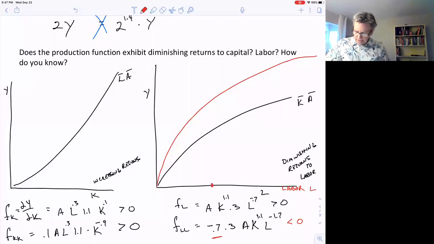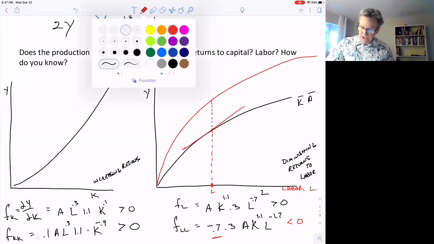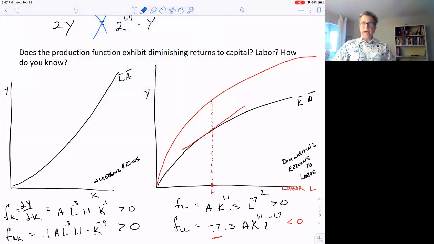So at any particular level of labor, we'll call it L here, we can go see what the marginal product of labor is. And with an addition to A, the total factor productivity, that might come about because maybe an increase in technology, I'll draw the slope there.